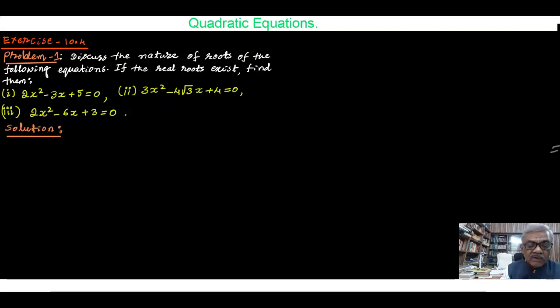The solution for 1. 2x square minus 3x plus 5 equal to 0 is in the standard form. Here a equal to 2, b equal to minus 3, and c equal to 5.